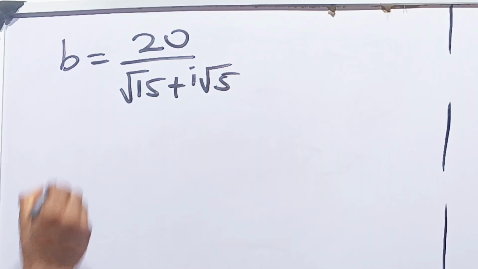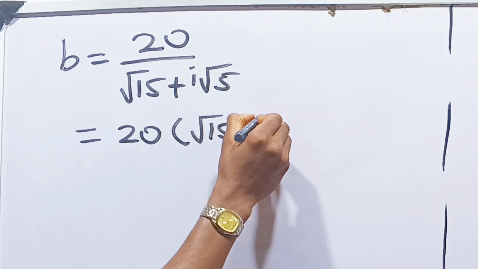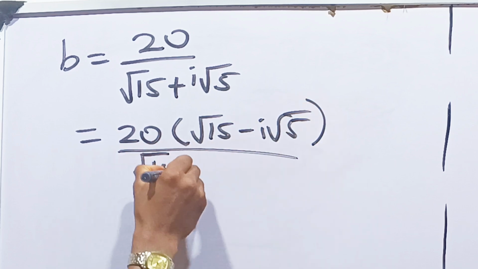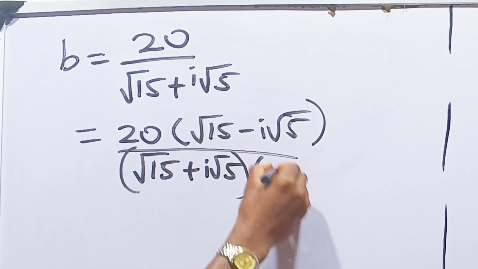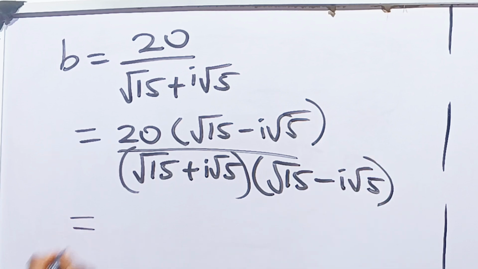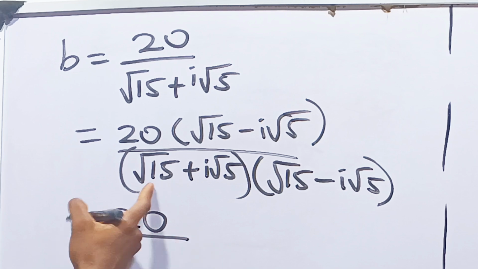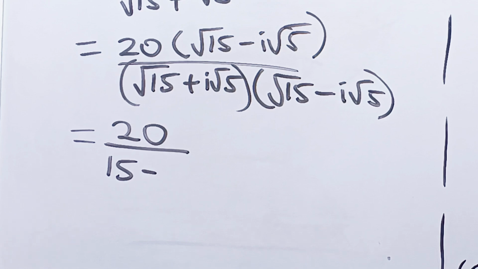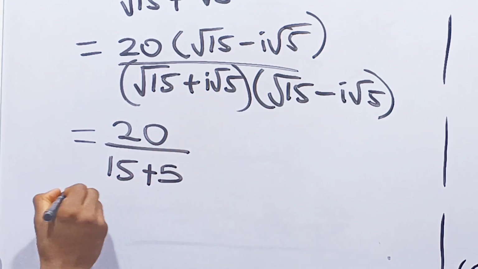We have that b is equal to 20 multiplied by root 15 minus i root 5, divided by root 15 plus i root 5 multiplied by root 15 minus i root 5. This becomes equal to 20 divided by root 15 squared, which is 15, minus i squared, which is minus 1, so we have plus here, and then root 5 squared is 5.